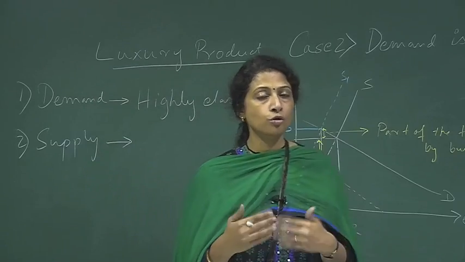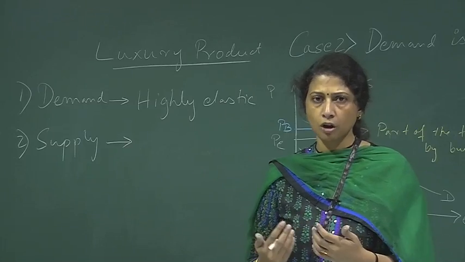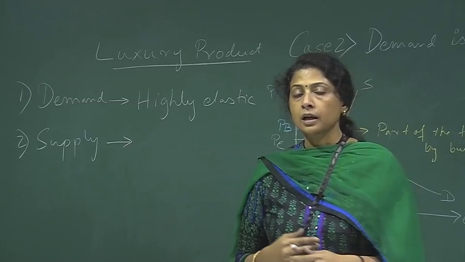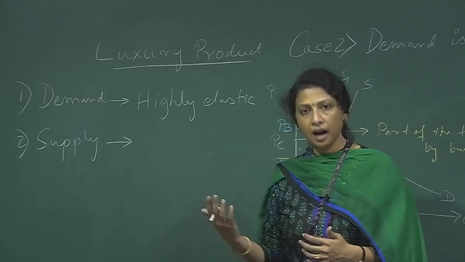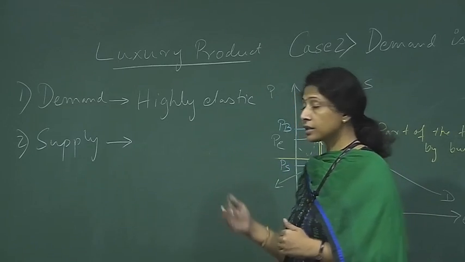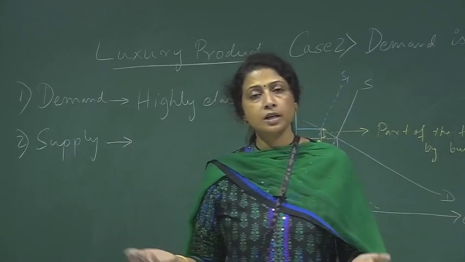They are not so flexible in the short run. Later we are going to talk about variable costs and fixed costs, and we are going to see that in these hotels the fixed costs are very high. So basically hotels or even high-end cars, the plants, the manufacturing units, everything has been set.